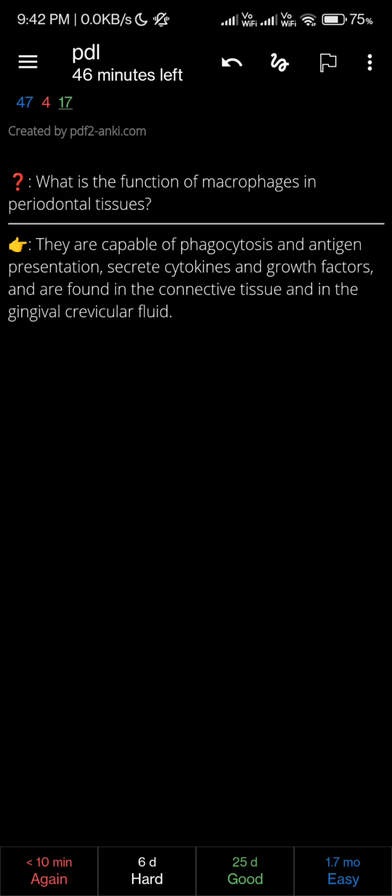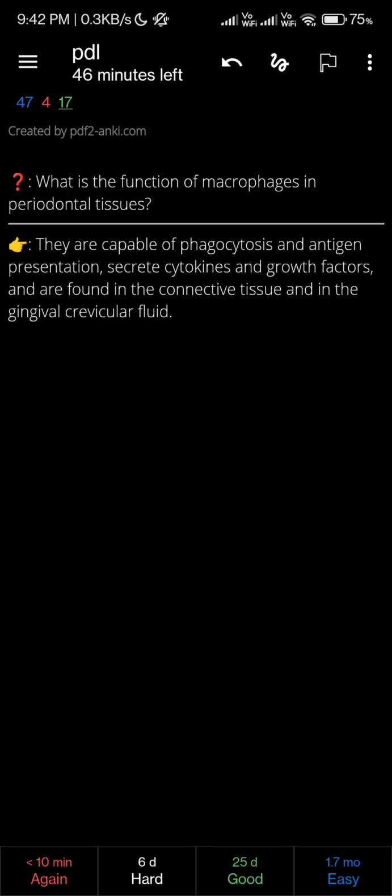So what is the function of macrophages in the periodontal ligament?